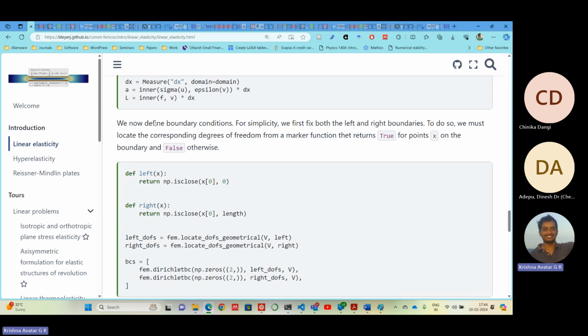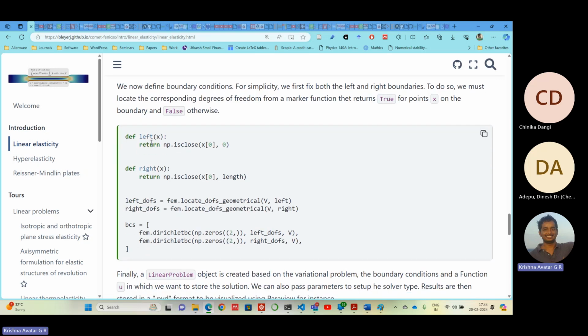Now, once we have defined the bilinear form, we'll also prescribe the boundary conditions. For simplicity, we first fix both the left and right boundaries. To do so, we must locate the corresponding degrees of freedom from a marker function that returns true for points x on the boundary and false otherwise.